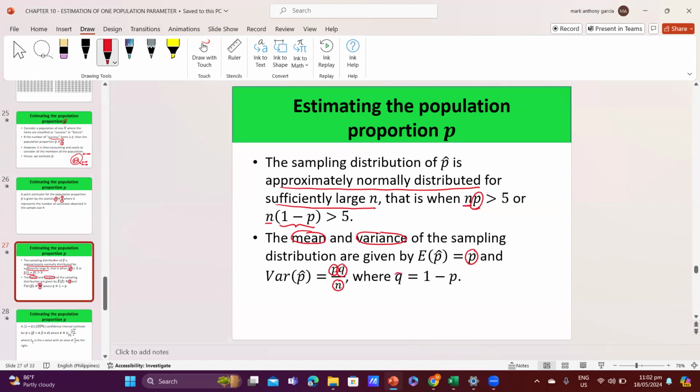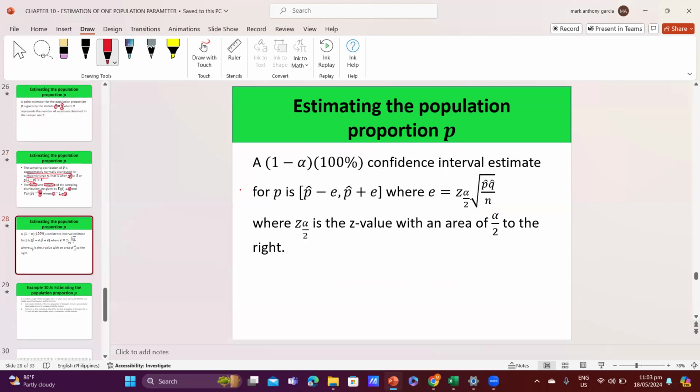The proportion of failure, q, is obtained by subtracting the proportion of success from 1. But we will not directly use these formulas of the mean and the variance. They will just appear in the formula for the interval estimate of the population proportion P. And it is given as follows.